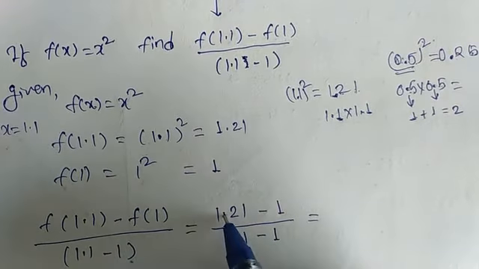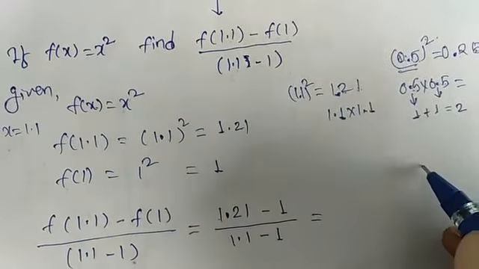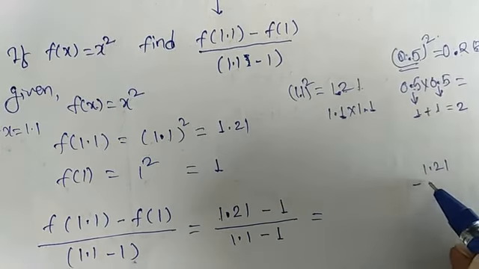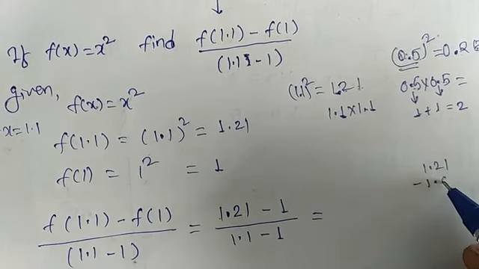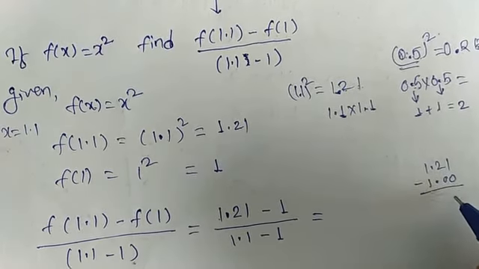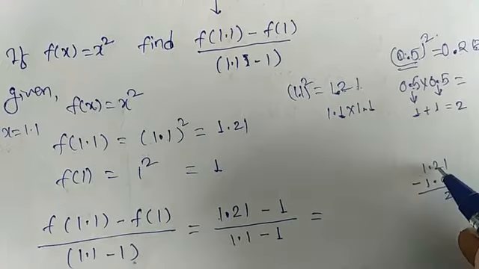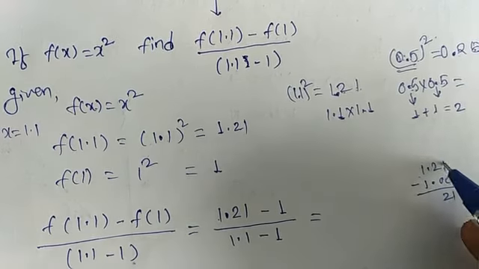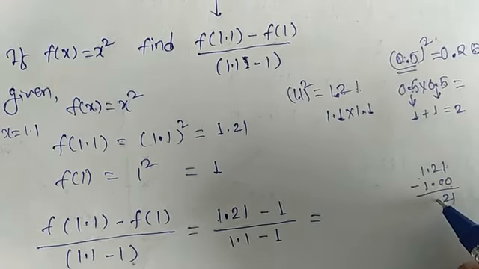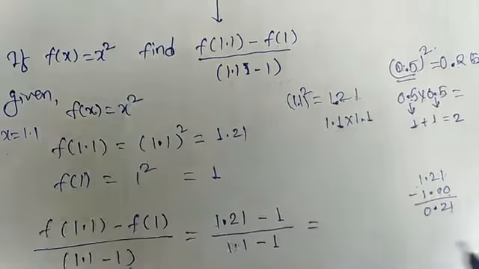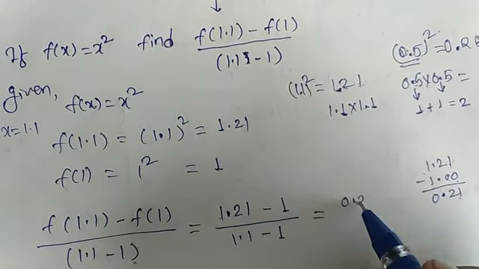So 1.21 minus 1: after the point here there is only 1, you can take it as 0. So 21 will be, 1.21 is greater than 1, so 1 minus 0 is 1, 2 minus 0 is 2, point 1 minus 1 is 0. So our numerator is 0.21.